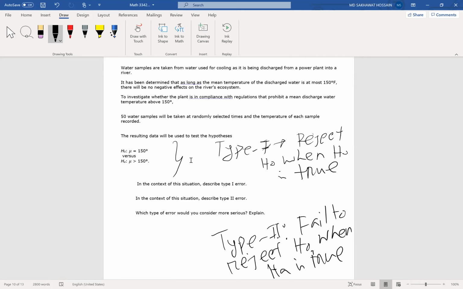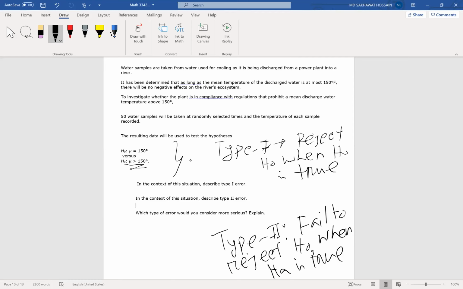So is it an error or a correct decision? Our decision is, if we reject null, that means we are saying that the plant is not in compliance. That's when they are discharging water with temperature more than 150 degrees.